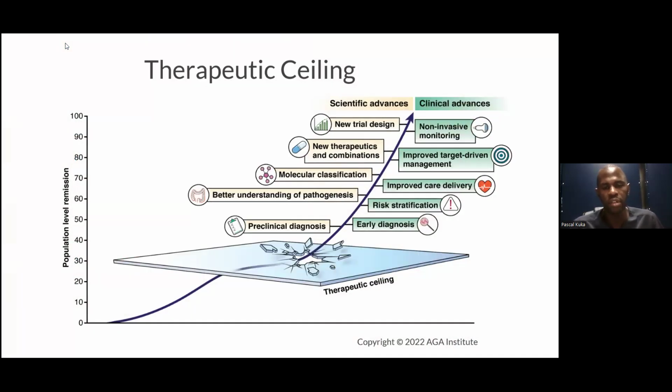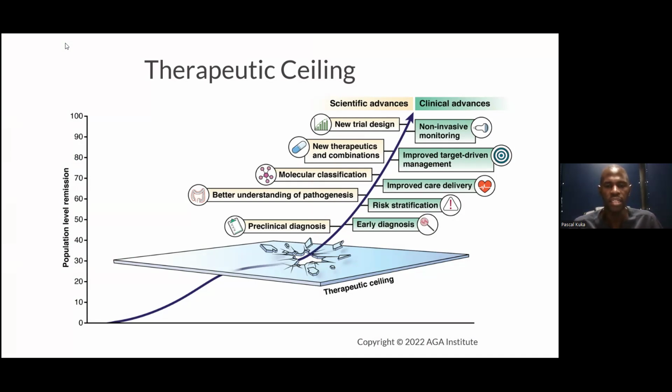So finally, although we have all these drugs at our disposal, as we've seen, we rarely get long-term remission in more than 30 to 40% of our patients. So this leads us to consider different kinds of other advances, whether clinical or scientific.